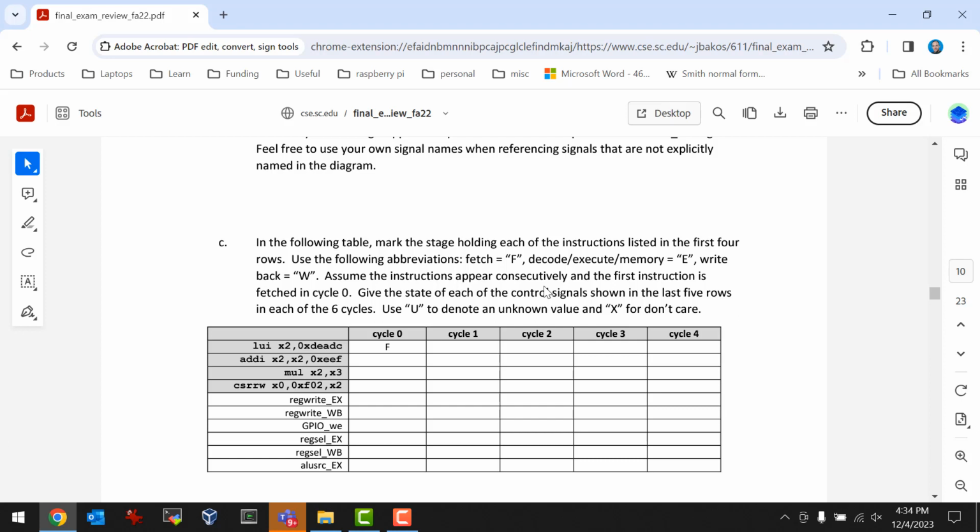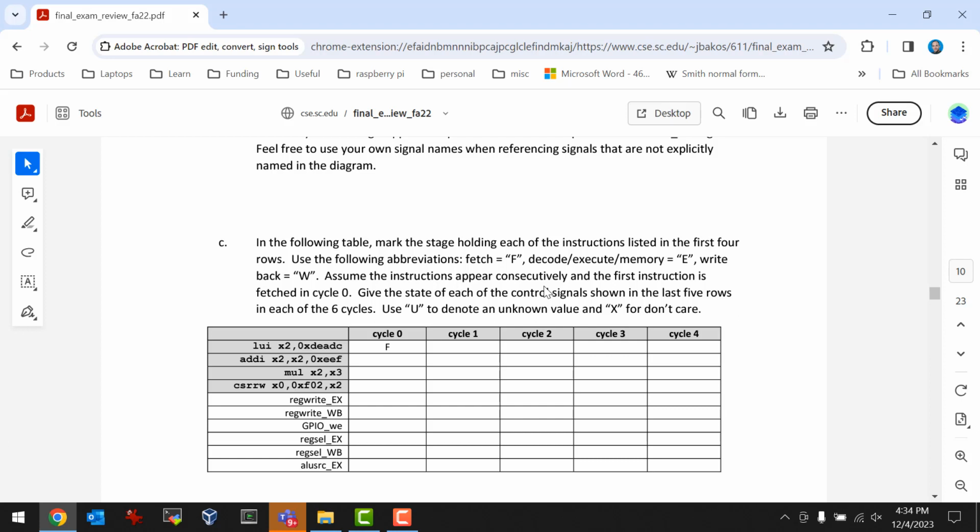And then for each of these signals down here, all you have to do is check to see which instruction is in which stage and then fill in the corresponding value for that, right? So for example, when the load upper immediate is being fetched, well, I don't know what any of these signals are supposed to be because none of these relate to the fetch stage, right?